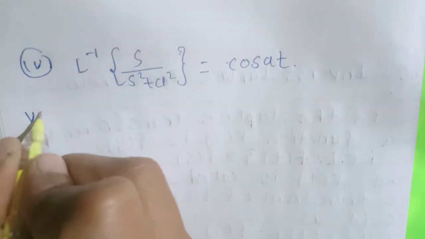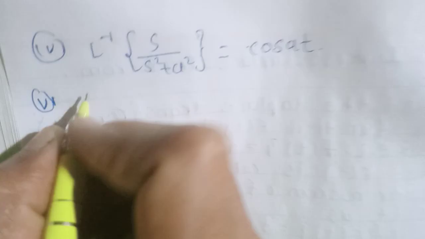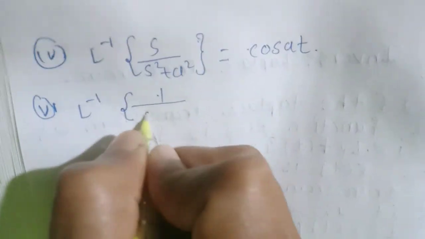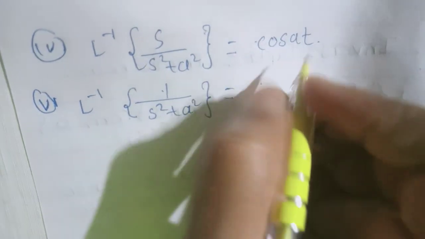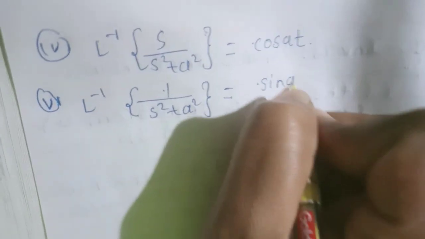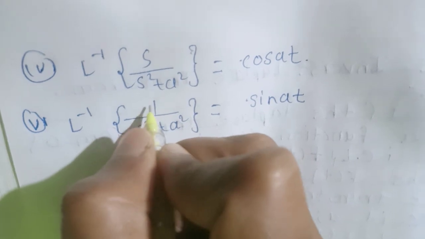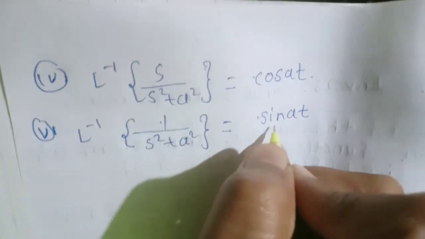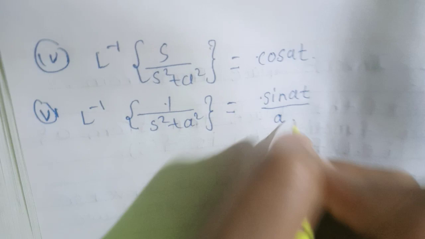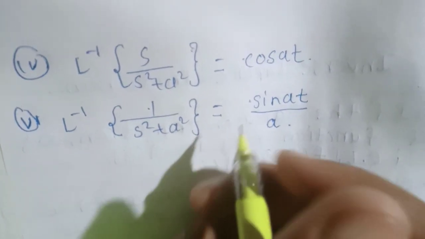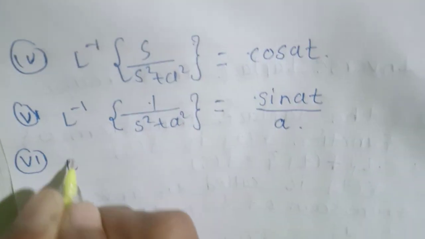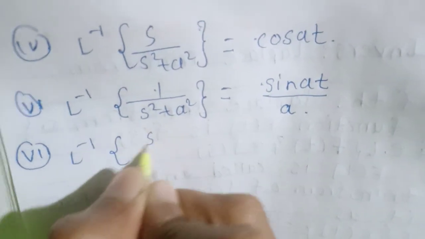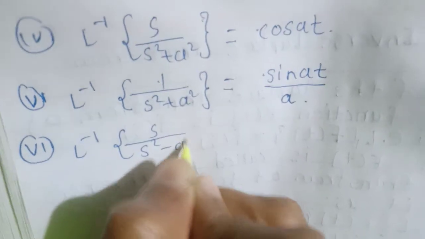Then the fifth formula: the inverse Laplace transform of 1 upon s square plus a square is sine of at, but here a is a constant, so we divide by a. Then the sixth formula: the inverse Laplace transform of s divided by s square minus a square.